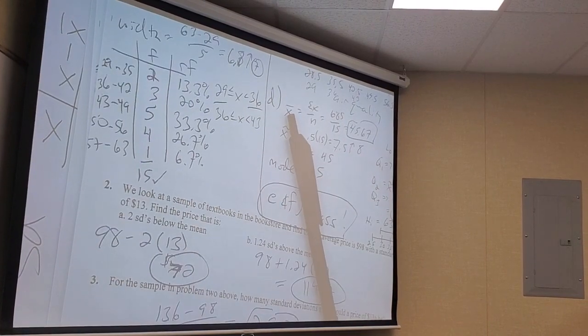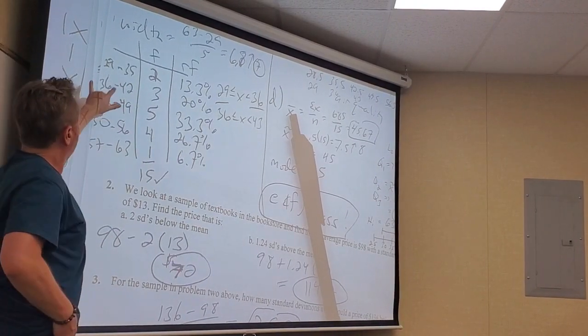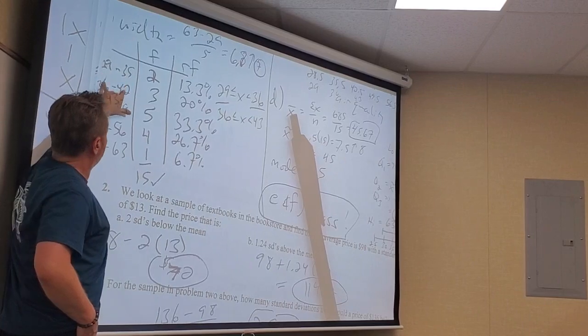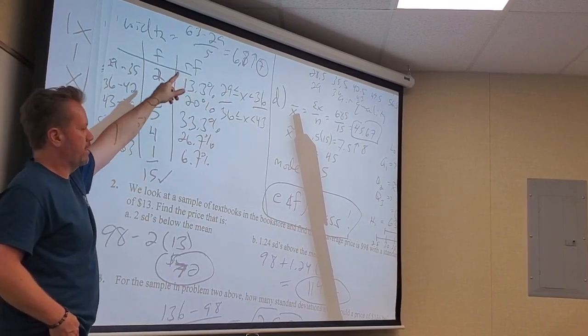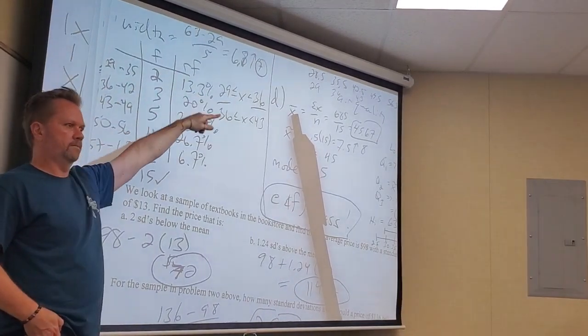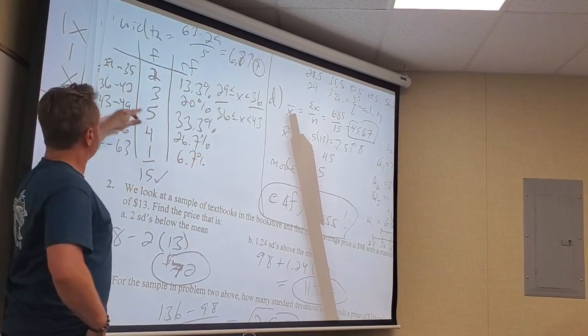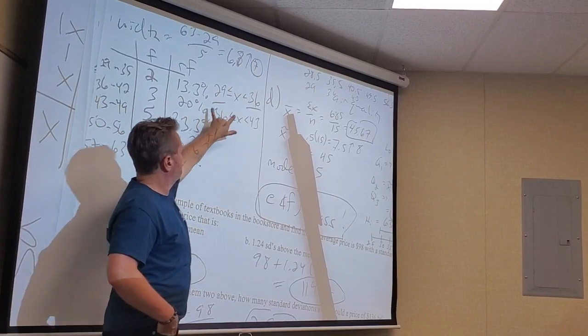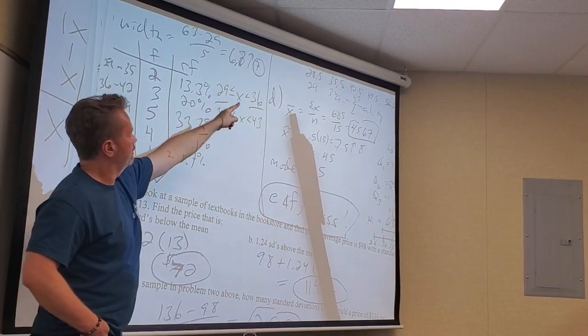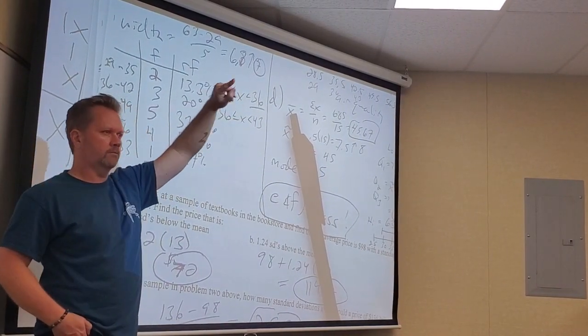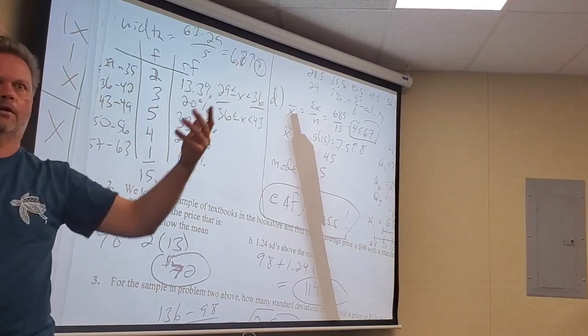If you create your distribution this way, these are the class limits, and you have to use class boundaries when you graph. That's the trade-off. This looks a little better, so your histogram is going to be a little bit harder to construct.